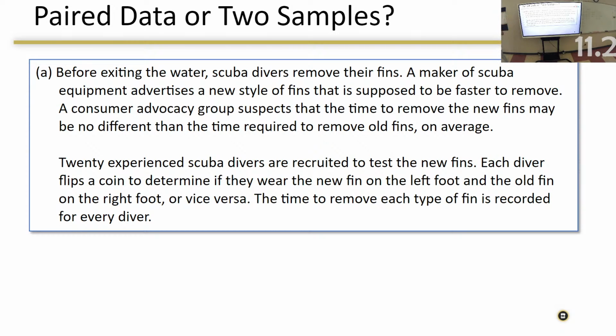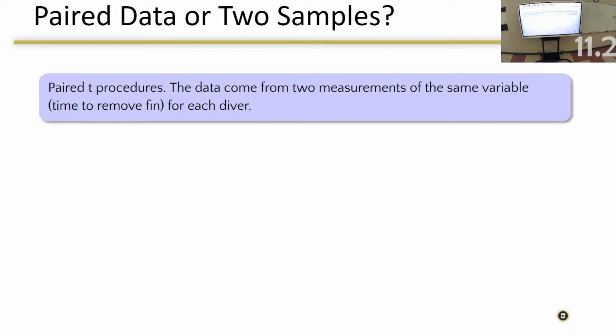Same diver has a left and same diver has a right, or vice versa. You're getting 2 readings from an individual. Okay? 2 readings for an individual. These are hard to tell the difference a lot of times, especially when you're in the mode of doing everything 2 samples. When they throw a paired in there, it messes with our minds a little bit. Okay? That one's paired.